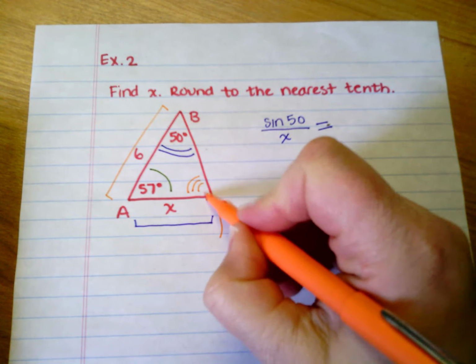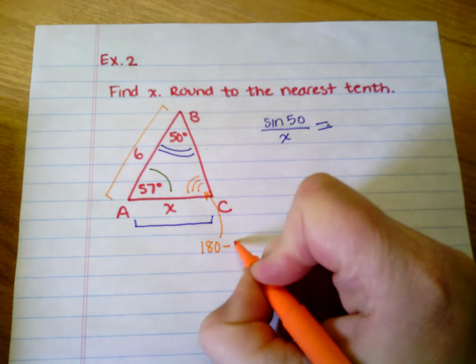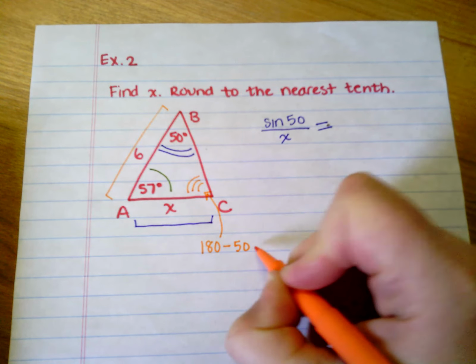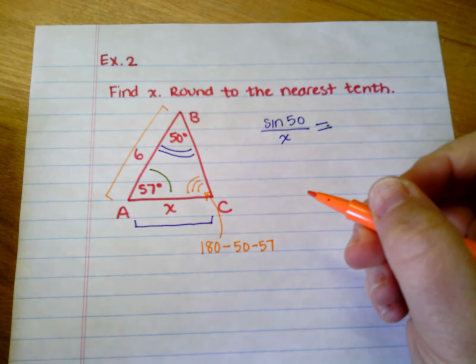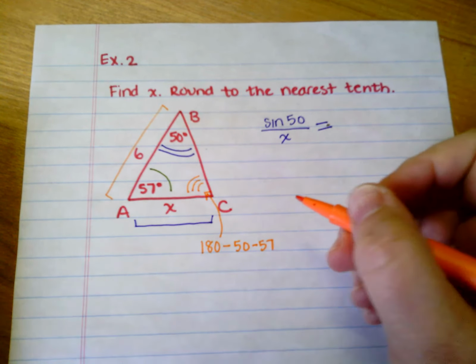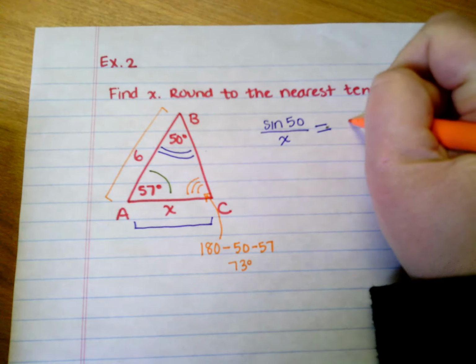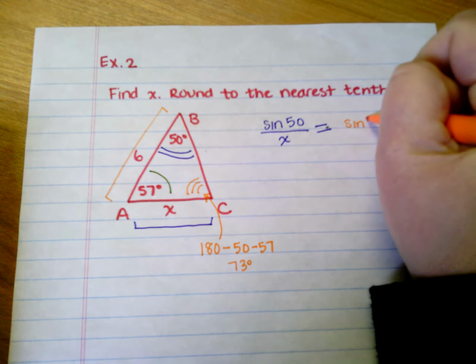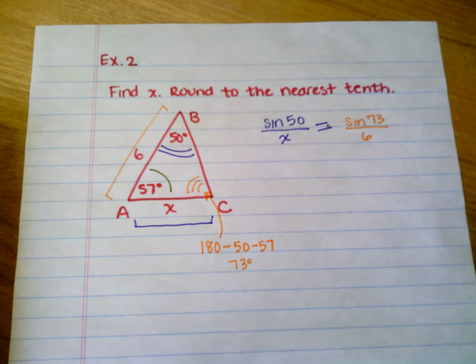which means I need to figure out what its measure is. And I'm going to do the same thing that I did on example 1. I'm going to subtract 50 and 57 from 180. And I get 73 degrees for angle C. So now I can go up here, and it's the sine of 73 over 6.